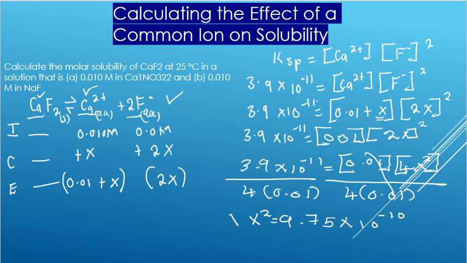So we find the square root of that, and our x in this case is going to be, we find the square root, we're getting 3.1225 molar.